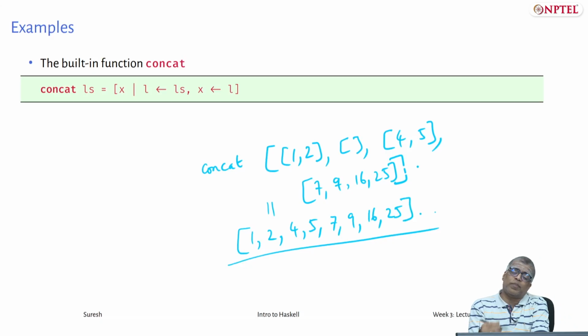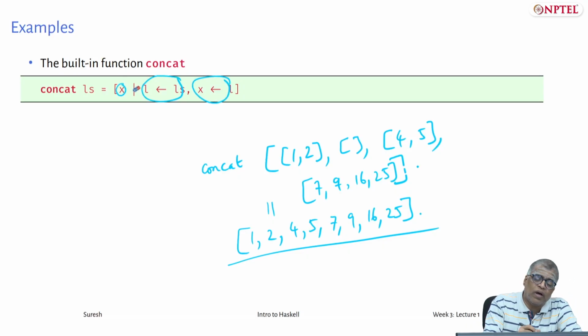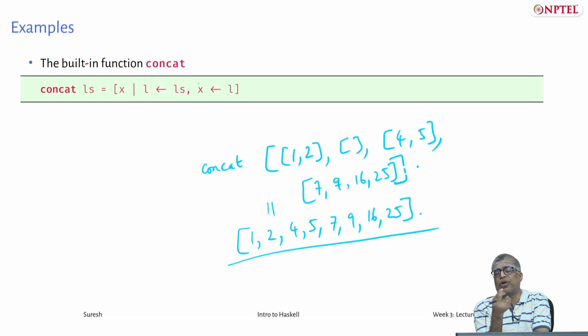And you can actually express concat using list comprehension. You say list out all values of x such that l comes from ls and x comes from l. Recall the Haskell convention that whenever you use a variable to denote some single element, and when you have to denote a related list, you will use that variable followed by an s.